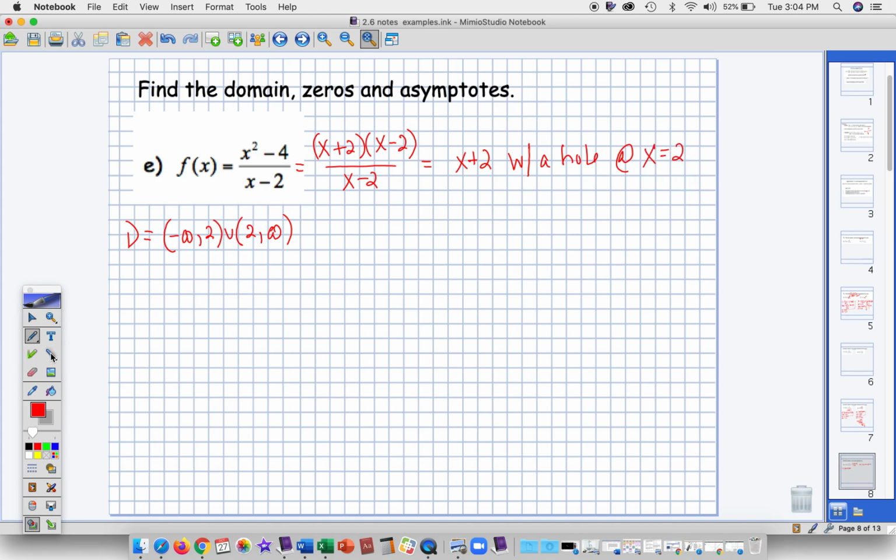So this graph would look like the graph of the line, and you could check this out on your calculator or Desmos. It's kind of hard to see the hole. Even on your calculator, you can zoom in as much as possible, I don't think you would see it. But I would graph the line x plus 2, which is going to look something like that.